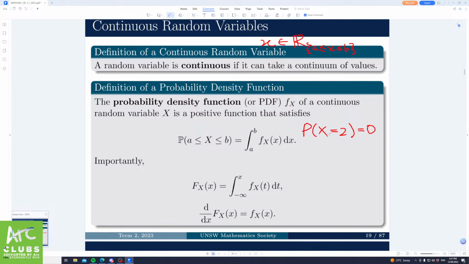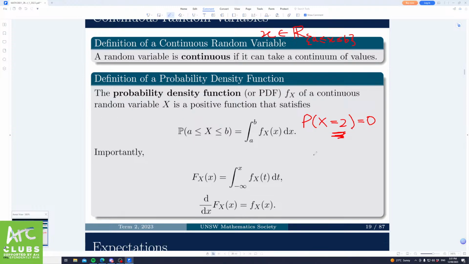The probability that it's strictly equal to some constant is going to be 0. That's just a property of continuous random variables. Rather, we're more concerned with the probability your random variable lies between two values. We care more about intervals as opposed to single values.